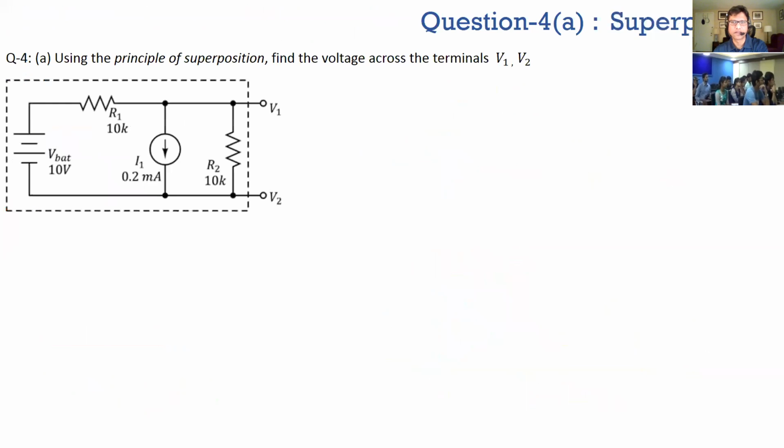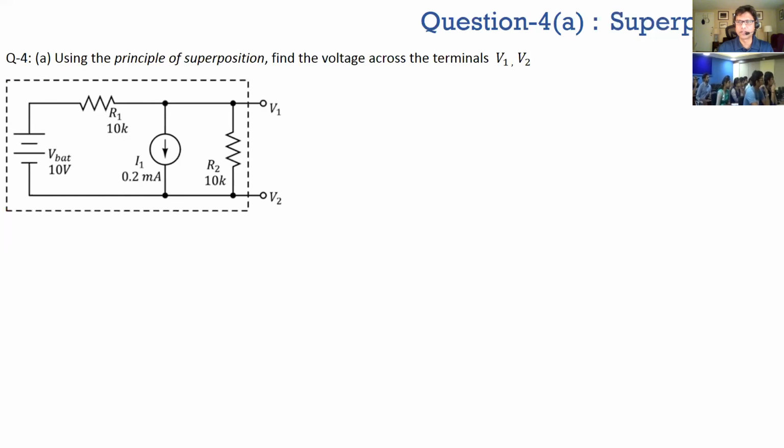Okay, so that's again another question I had asked: using the superposition principle, find out V1 minus V2, the voltage across V1, V2. Again, here you apply the superposition principle because you can actually solve this by writing the KCL, KVL, node equations directly. But I always prefer superposition because it's easier to solve and you get a better feel of the circuit as well.